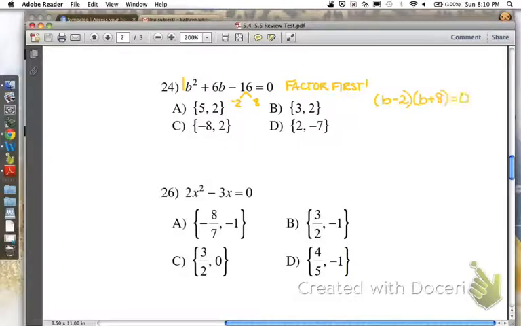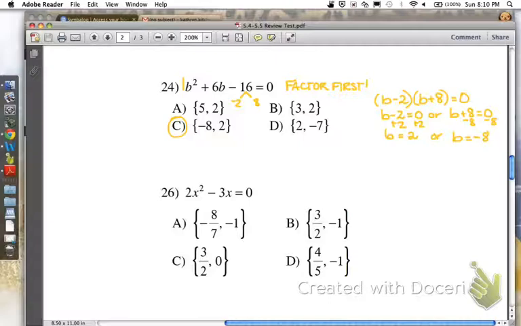And so our factors are b minus 2 and b plus 8. Again, the zero product property says if you multiply two numbers together and the answer is 0, then one of the numbers has to be 0. So set your two factors equal to 0 and solve for each variable. And it's that easy. And of course that would be letter C.